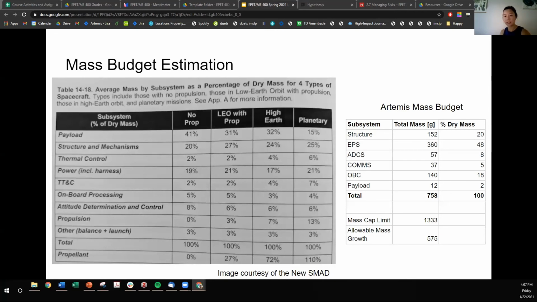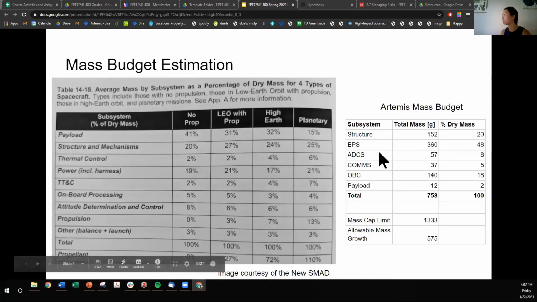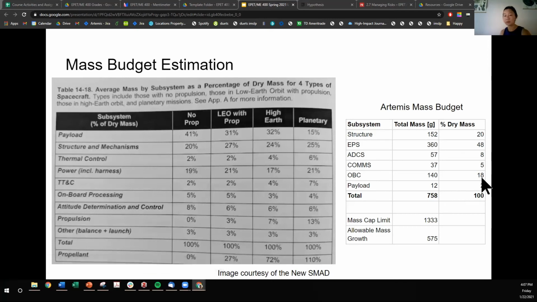But what you will notice is the power and computing system, so EPS, 48%, OBC, 18%. Those subsystems are very significant parts of the small satellite and don't scale down very well. And the reason for that is that certain subsystems in spacecraft just don't scale at the same proportion from larger spacecraft.